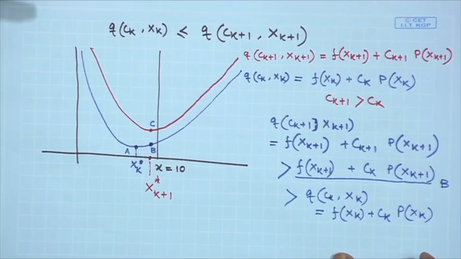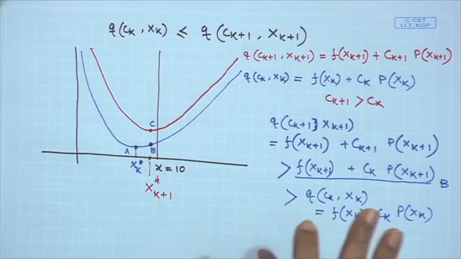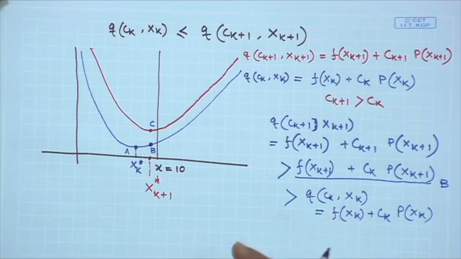The first condition is proved: the q value will always be higher if we move through the iterations. But that does not mean that we are getting the reverse solution for the minimization problem.